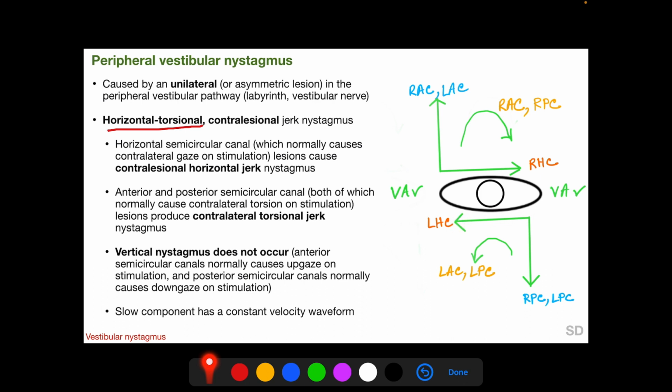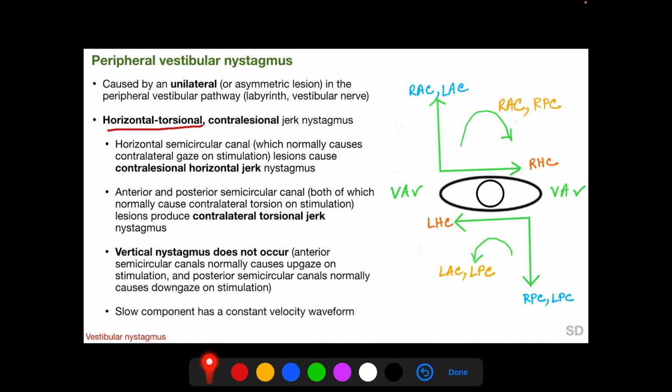And lesions of the horizontal semicircular canals thus produce a contralesional horizontal jerk nystagmus. Both the anterior and the posterior semicircular canals of each inner ear are stimulated by an ipsilateral head tilt and induce a contralateral torsion of both the eyes.